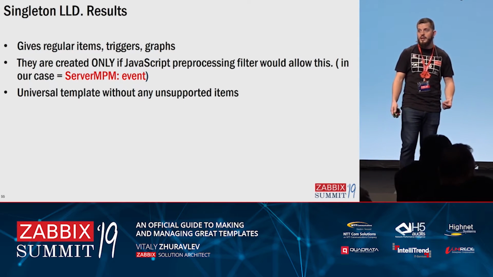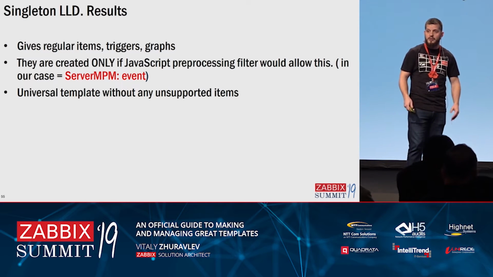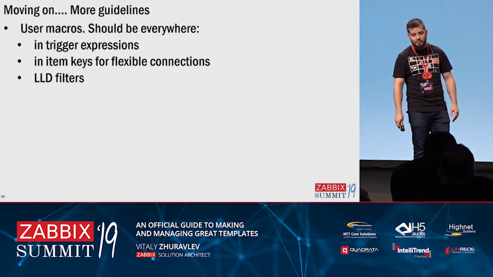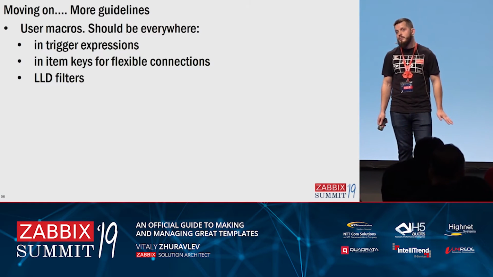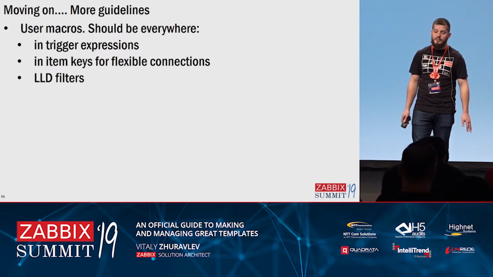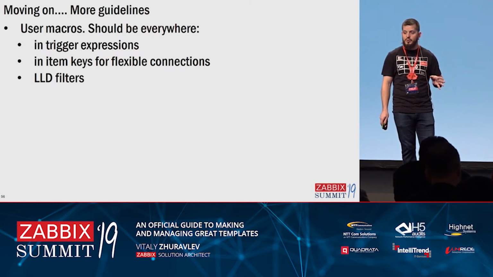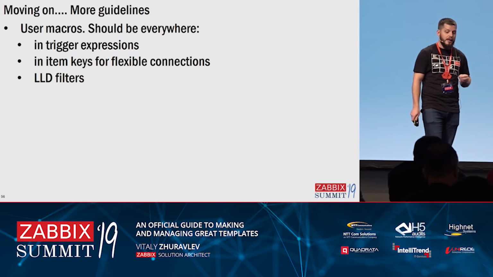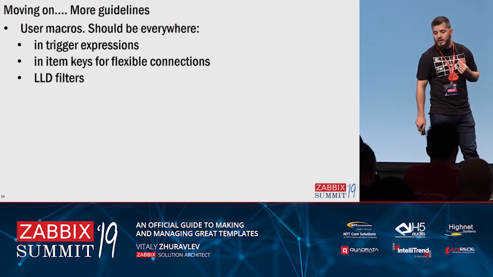And at the end, we get a universal template with no unsupported items and no errors in the Zabbix server log. More guidelines, user macros. As has already been said multiple times, they should be everywhere in trigger expressions, in item keys, because that's what really makes a template flexible. And you can also use them in low-level discovery filters as well.